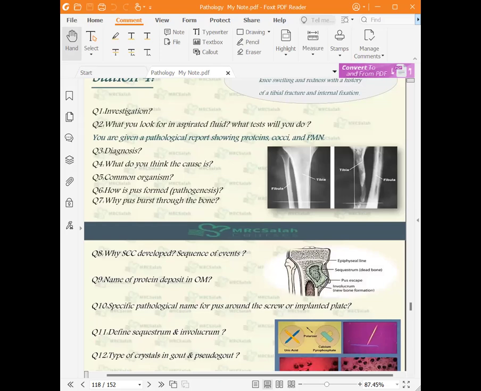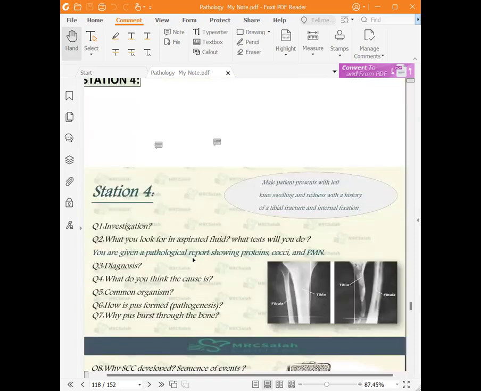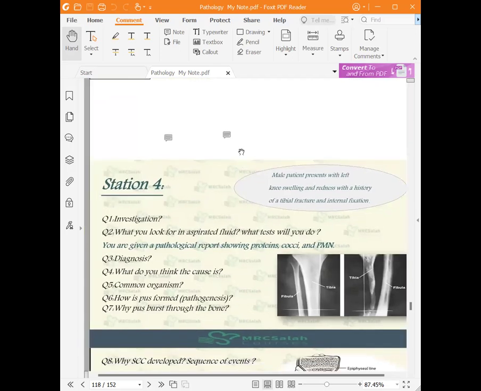This is how pus is formed. It was the answer from this note, but not a very satisfactory answer. So this one is better. Can you please tell that? It is an inflammatory response associated with infection, and then you will say what it consists of.